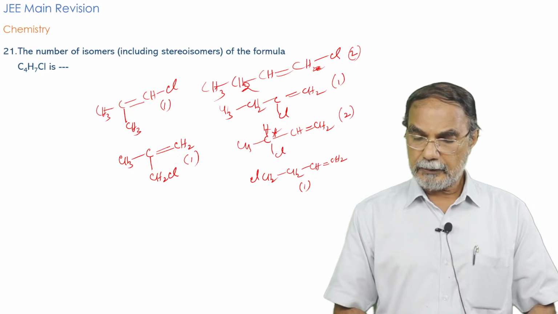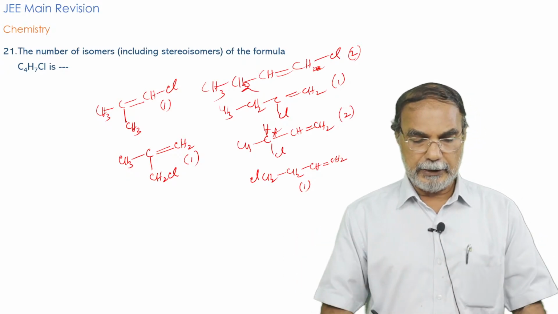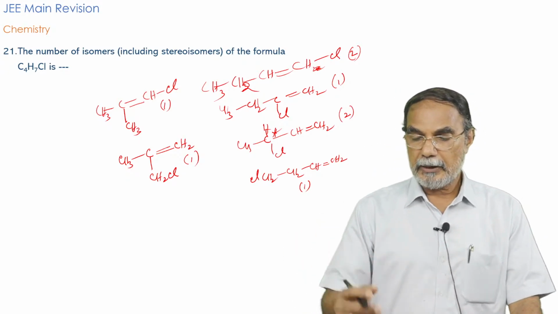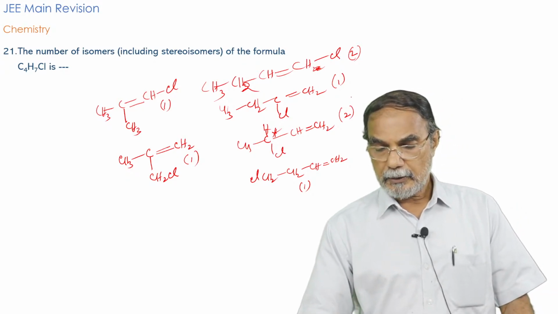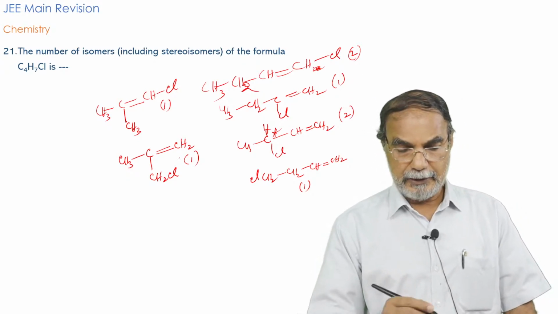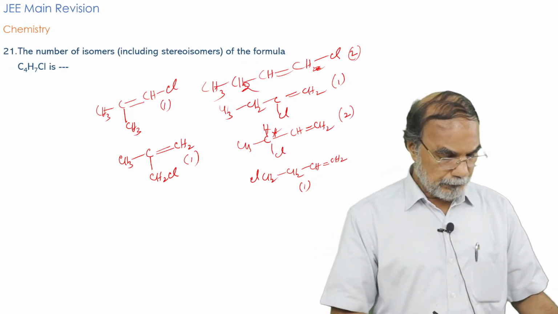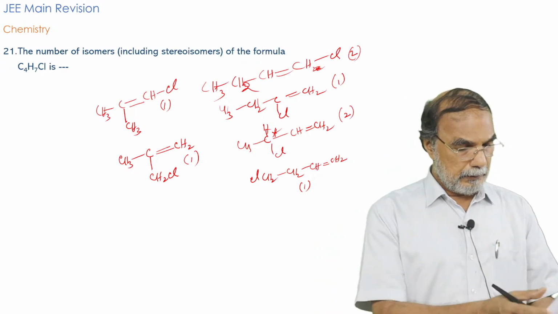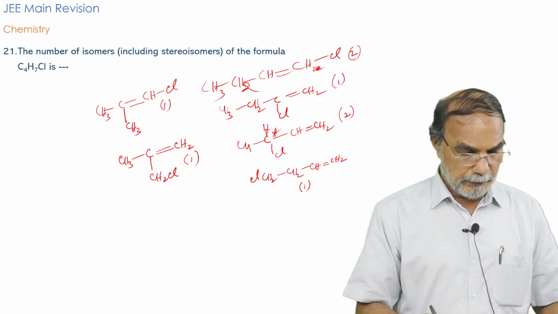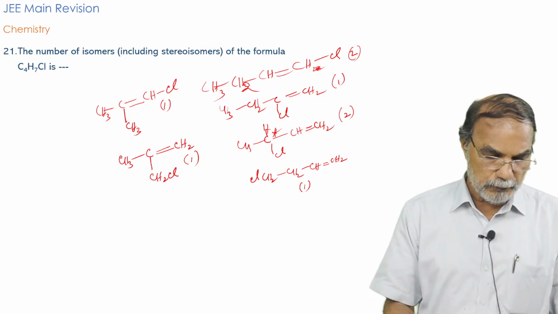And if you do the entire business of writing the isomers, you have 5, 6, 7, 8. Then there are more isomers, you have the possibility of more isomers.